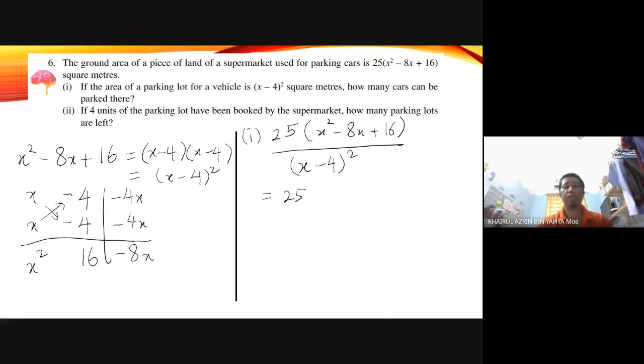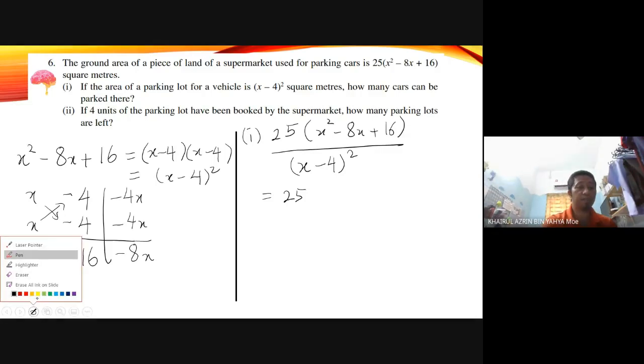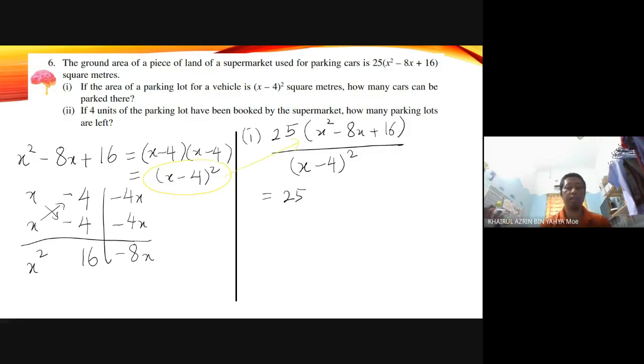Okay, so now we simplify. For 25 times x squared minus 8x plus 16, maybe I use a different color. We already got this one, so we can substitute it here. x squared minus 8x plus 16 is actually equal to x minus 4 squared over x minus 4 squared.